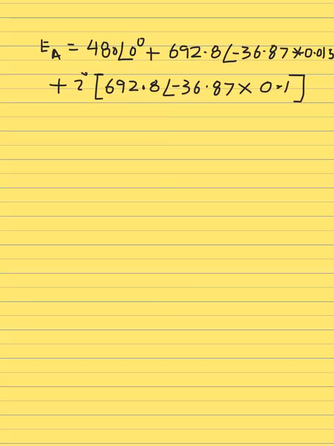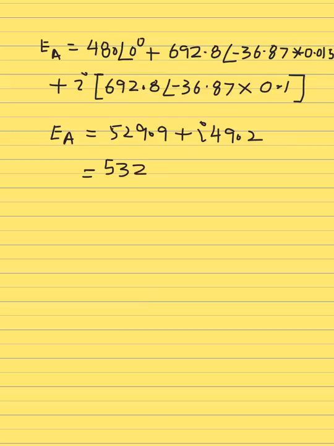So use your calculator to solve for this, and what we got for EA is 529.9 plus the imaginary part is 49.2, and we need to change this to polar form. You can definitely use your calculators to do all these calculations, in volts. So that's EA.